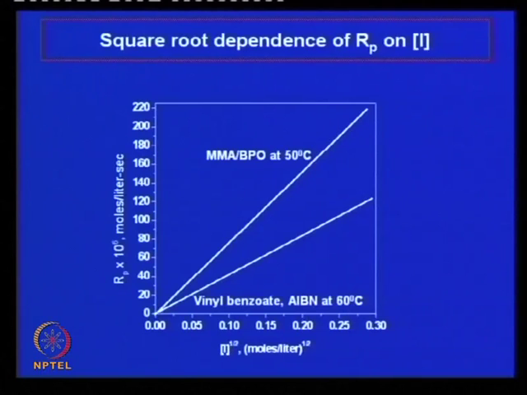Now, many people have done extensive research on the effect of initiator concentration on the polymerization rate, effect of monomer concentration, effect of temperature, effect of different initiators, effect of the presence of different solvents, all these things.